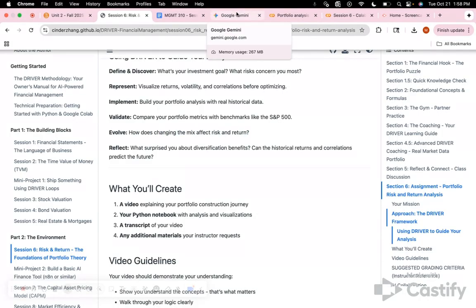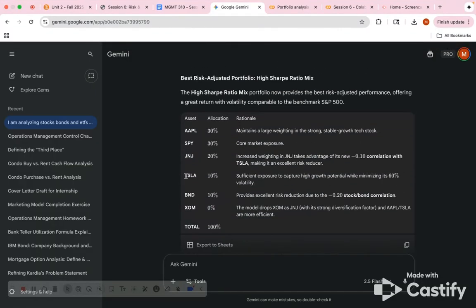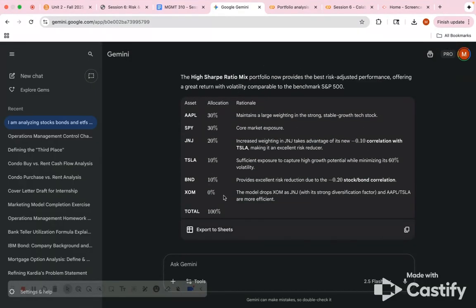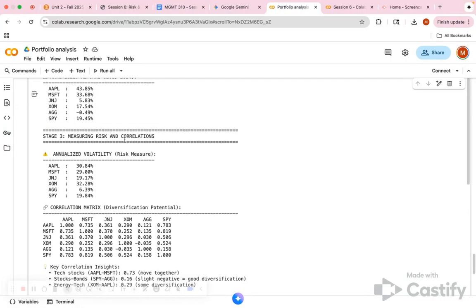Let's say we used ExxonMobil for 50% and moved everything down 5%. That would move the risk with ExxonMobil because now we have the most ExxonMobil.